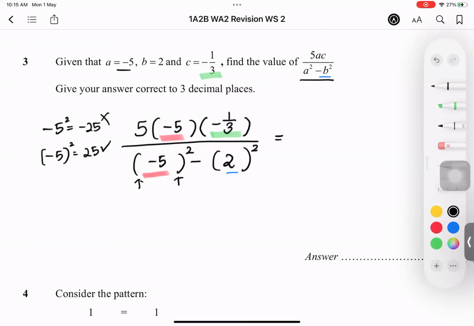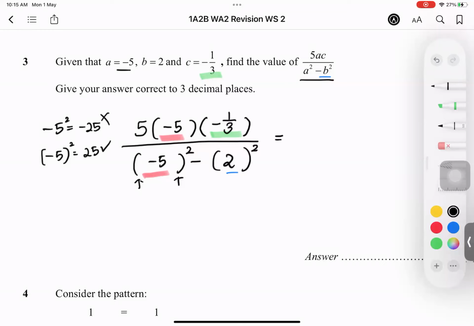Anyone? Don't change to decimal. Shakira, you got a number, right? I think you typed decimal. Can you put in the exact fraction value? Oh, no. Sorry. Correct. You wanted to give me 0.4, right?